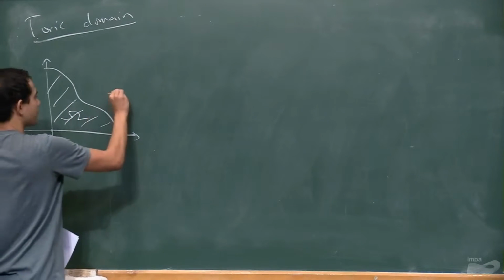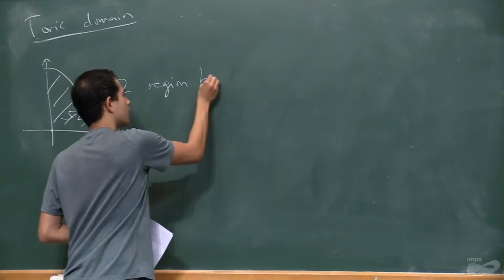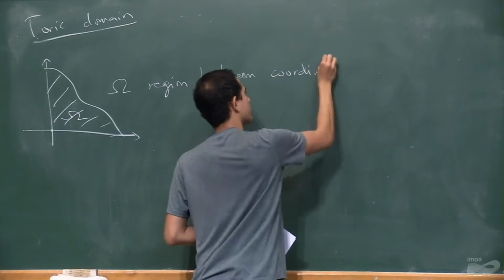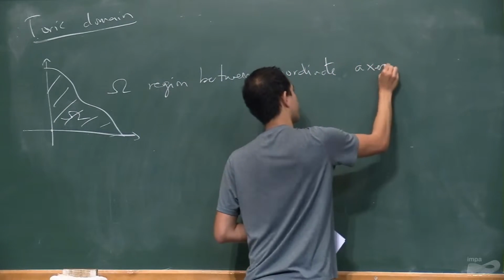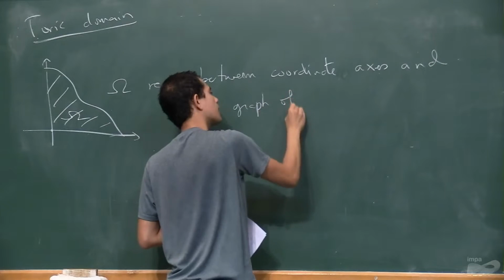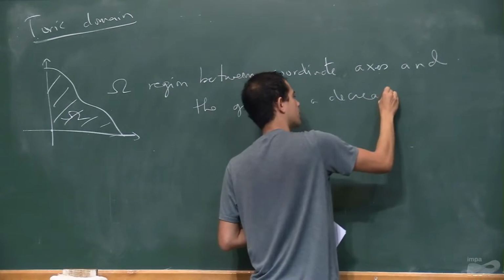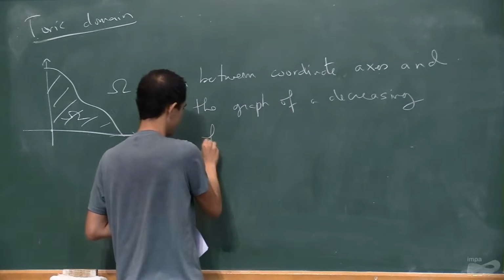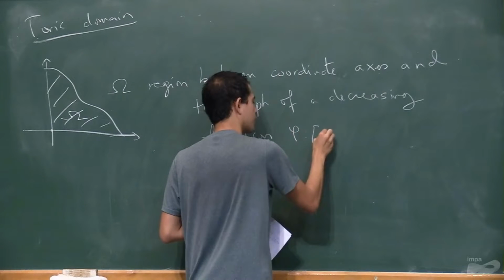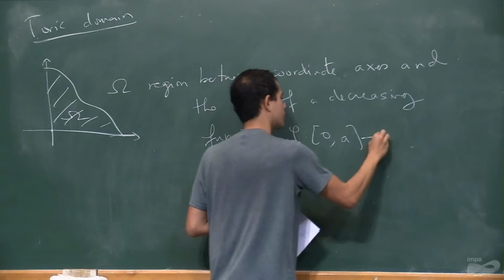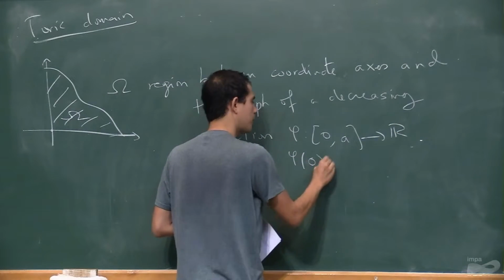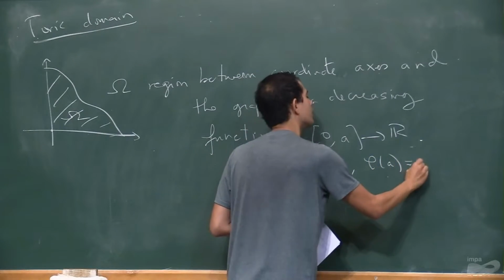So omega is the region between the coordinate axes and the graph of a decreasing function phi from 0 to a, where phi of 0 is positive and phi of a is 0.